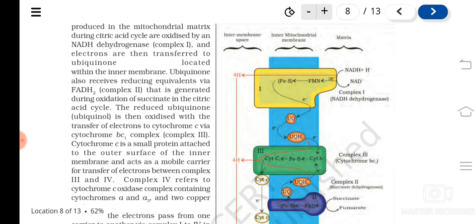So the ETS is always associated with ATP synthase. Like this, the process of electron transport takes place, and it results in the formation of water and ATPs. This much is very clear. I hope we will continue in the next class.